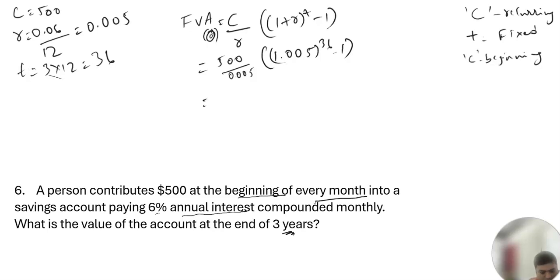So how much are you going to get? 500 divided by 0.005, we're going to get 1 lakh, right? Then 1.005 power of 36 minus 1.